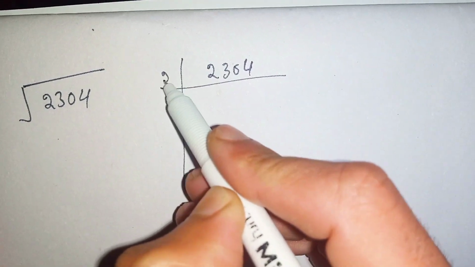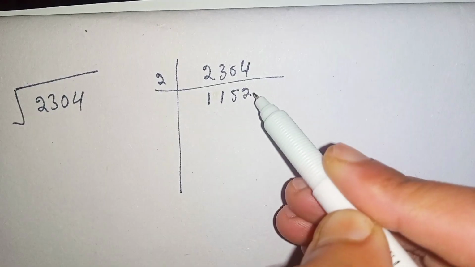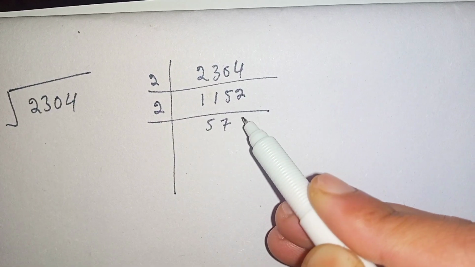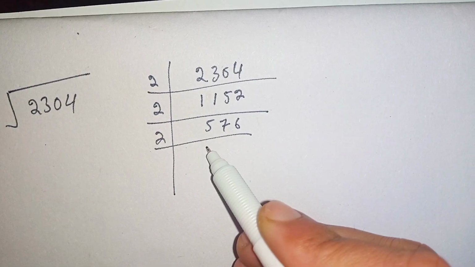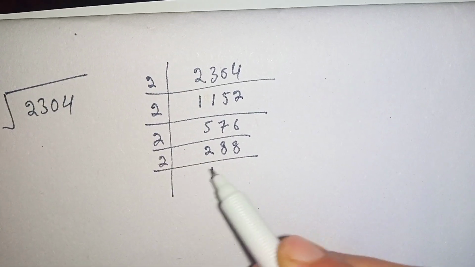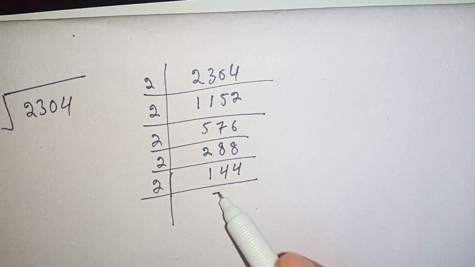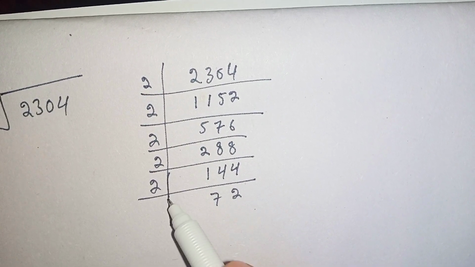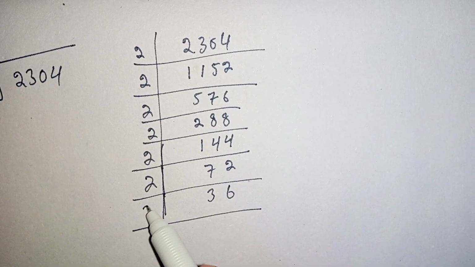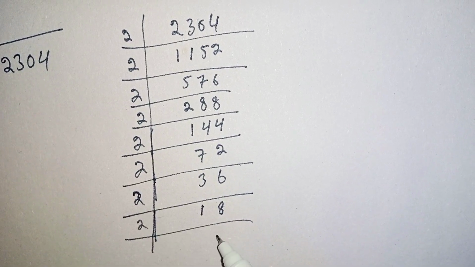2304 can be divided by 2. We keep dividing by 2 repeatedly: 2 times 1152 is 2304, 2 times 576 is 1152, 2 times 288 is 576, 2 times 144 is 288, 2 times 72 is 144, 2 times 36 is 72, 2 times 18 is 36, and 2 times 9 is 18, right?